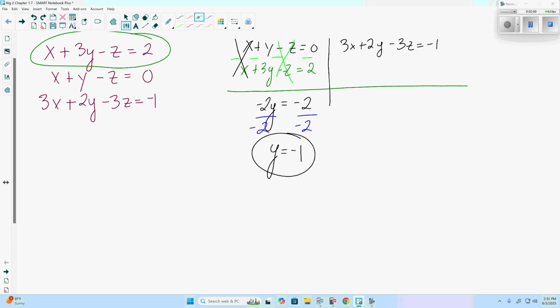Now, if we do the same thing, we eliminate z out of our other equation. We've got to take this eliminator equation and multiply the whole thing by 3. So we have 3x plus 9y minus 3z is equal to 6.